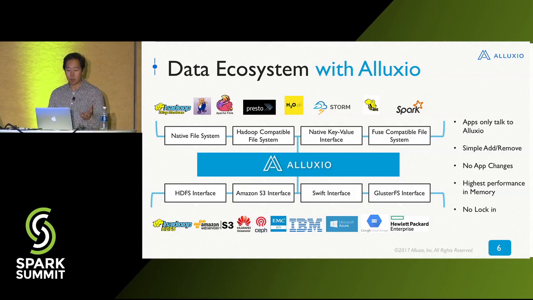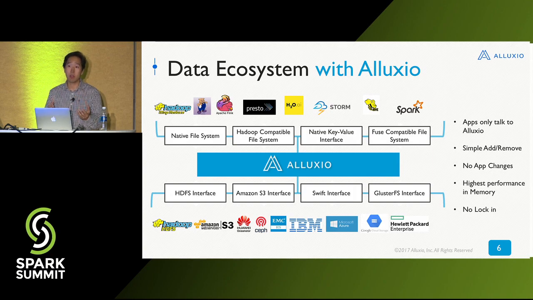And this allows apps to only have to talk to one storage system, which is Alluxio, but it's being backed by different storage that you may have, such as HDFS or S3 or Google Cloud. And so this makes it really easy to add new applications as well as add new storage systems in your environment.